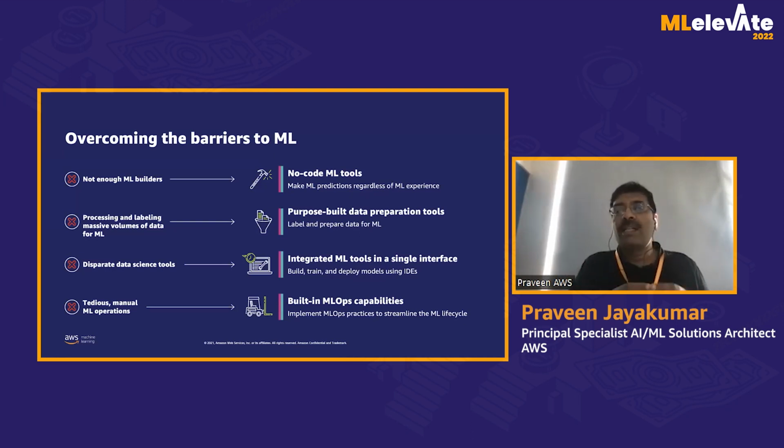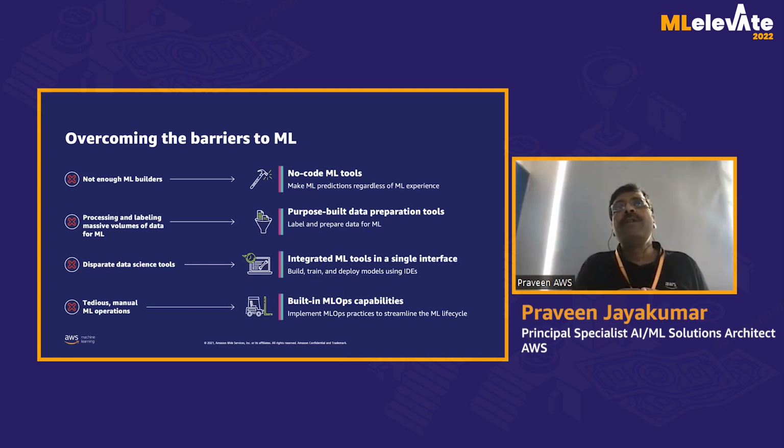In that context, we also provide a lot of automated capability to speed up your labeling process, be it for image, video, audio, or text. We have automations that can help you fast-track your entire labeling process. Again, that's a feature available within SageMaker.